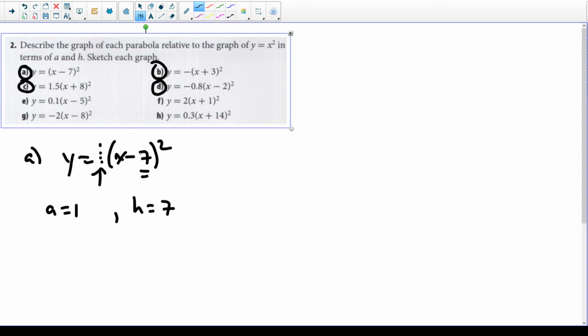Because it's a negative 7 in the bracket, h is actually the positive value of that. Okay? So what does that a equals 1 mean? That a equals 1 means that the parabola didn't get stretched, didn't get compressed, and isn't upside down. So it's a normal parabola.